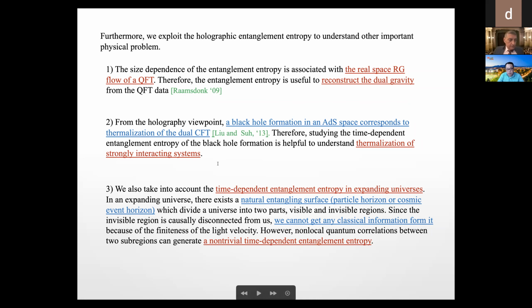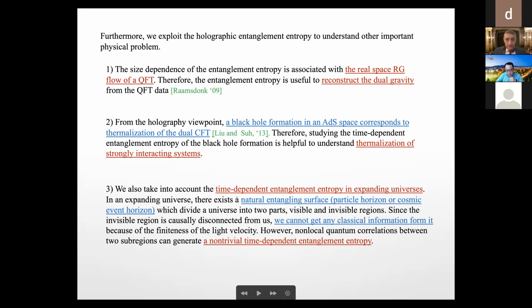Another thing is that we can also consider time-dependent entanglement entropy in a different setup. If we consider an expanding universe, the space-time expands, so it is time-dependent. In this system we can also consider entanglement entropy, and because the background geometry is time-dependent, the entanglement entropy is also time-dependent.